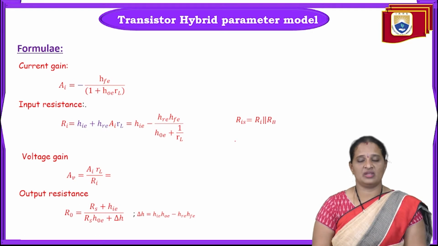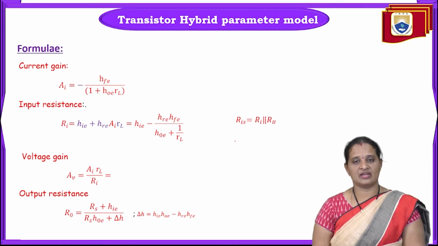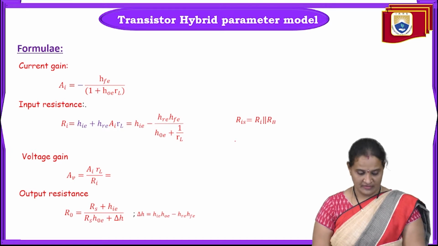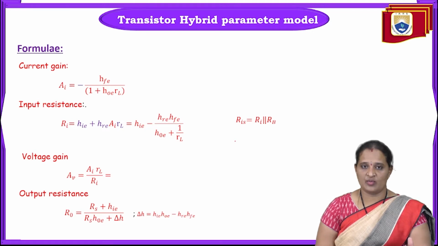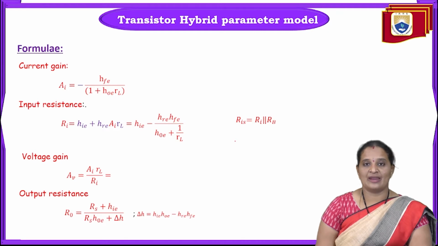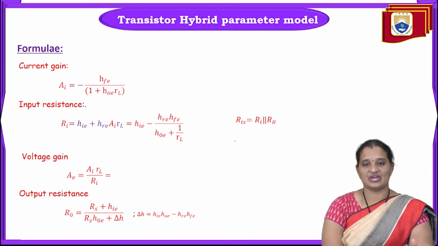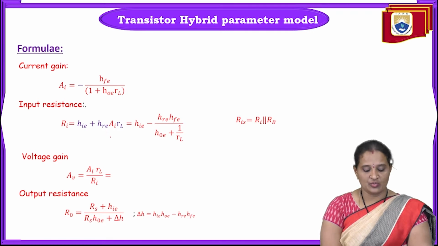These are the formulae that we need to remember when analyzing the various characteristic parameters of a transistor amplifier. What are those? Current gain: the formula is AI equals minus HFE by 1 plus HOE into RL, where RL is the load resistance and all these are the H parameters. And RI is equals to HIE plus HRE into AI into RL.